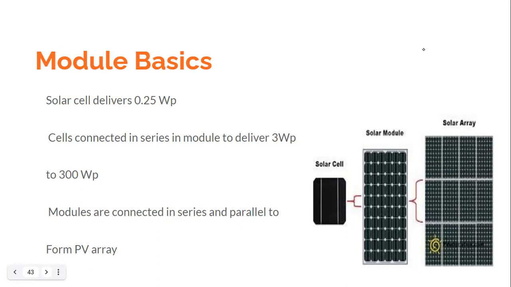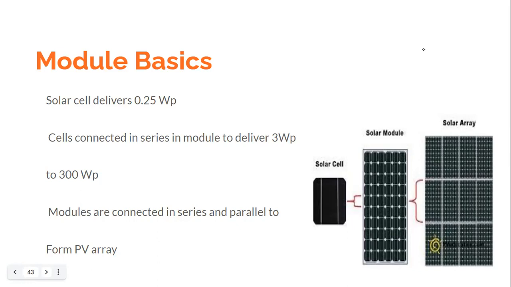Okay. Now, as we have seen, even for a pumping application, if we use a 1 horsepower pump, which is about 746 watt, one gets a clear idea that a single module is not enough. So we need to look for a number of modules which are connected in series and parallel, and when these modules are connected in series and parallel, they give us what is known as the solar PV array.